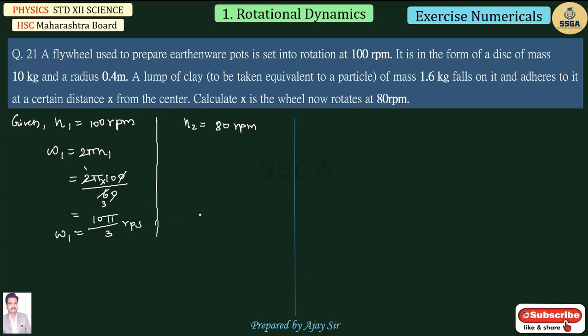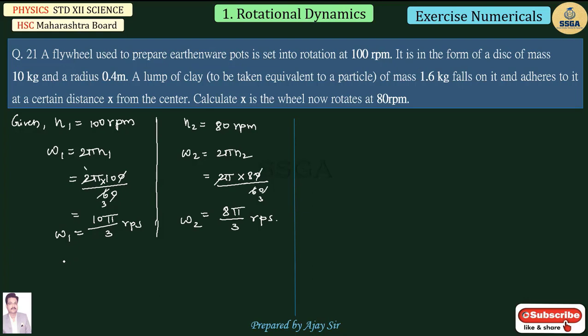Similarly omega 2 is 2 pi n2. So this is equal to 2 pi into 80 divided by 60. So 0 0 get cancelled, 2 3s are 6, therefore 8 pi by 3 radians per second. This is omega 2. It is in the form of a disc of mass 10 kg.